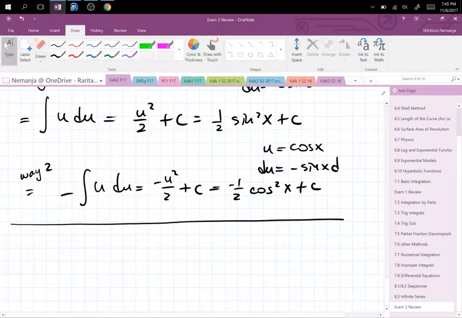You found the type 2, you said? 7.8, yes.